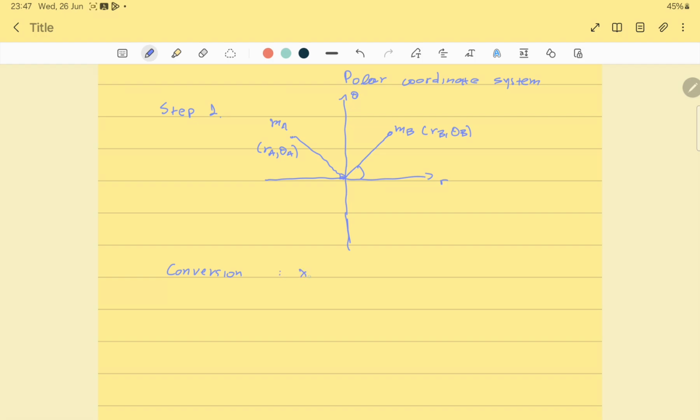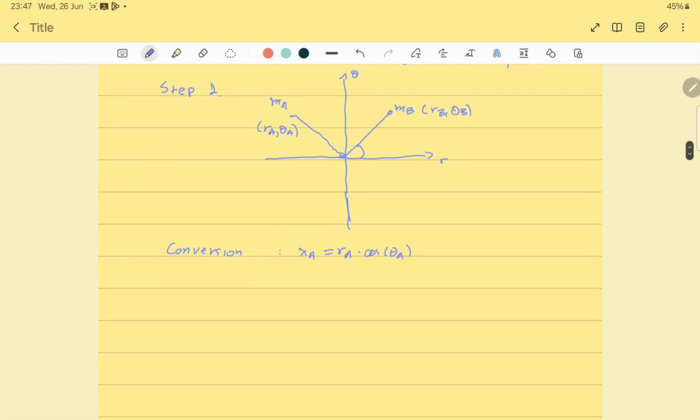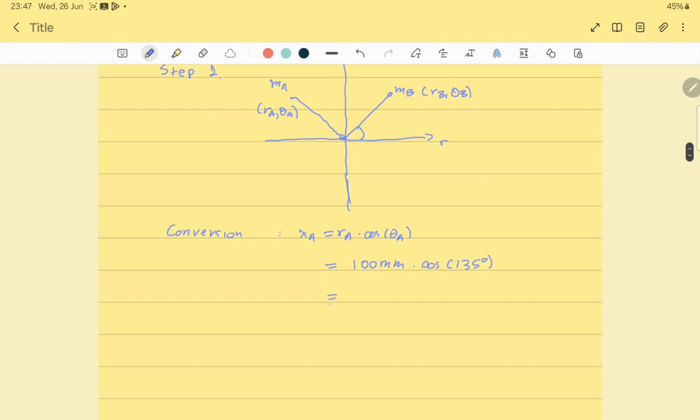coordinate system. So the x coordinate for the weight A should be the radius times cos of the angle theta A. So the radius of A is 100 millimeters times cos 135 degrees, and here you do the calculations and you get that XA coordinate is minus 0.0707 meters.